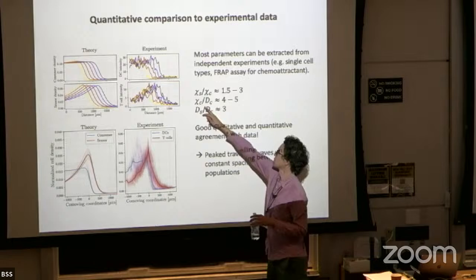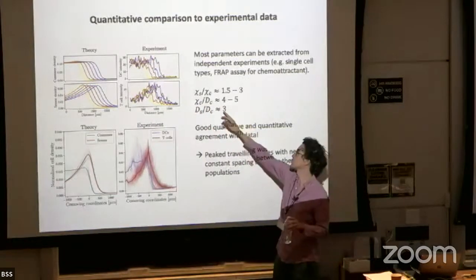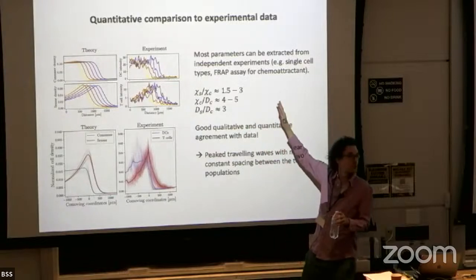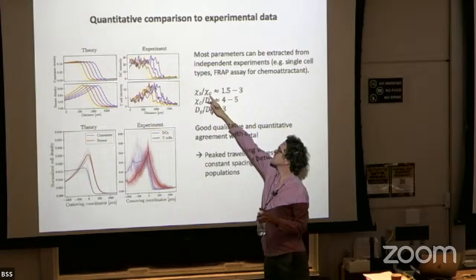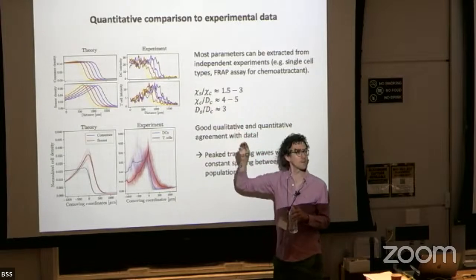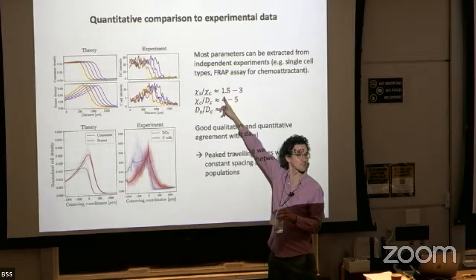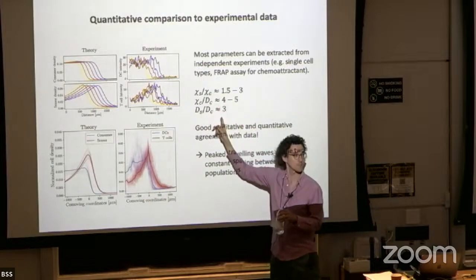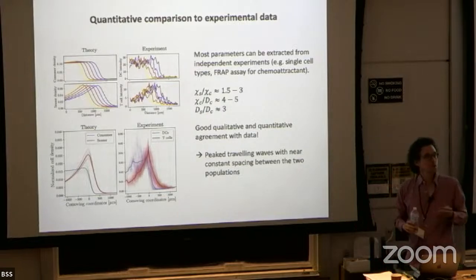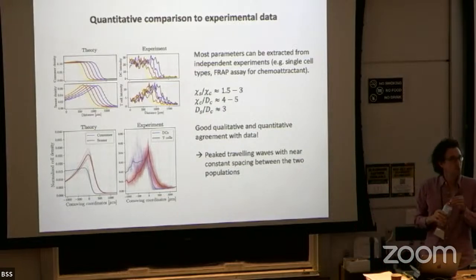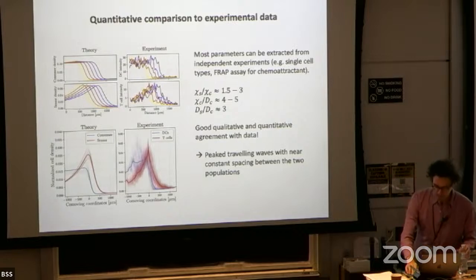If you look at the ratio of your advection to your diffusion, it's above 1 as it should be, but it's not 10, it's not 100, it's not 1,000. It's actually relatively close. If you look at this ratio again, this has to be larger than 1, otherwise your sensor would fall behind. But again, it's not much larger than 1. All of these ratios are close to unity, which they don't have to be. And we just wonder, why is that?